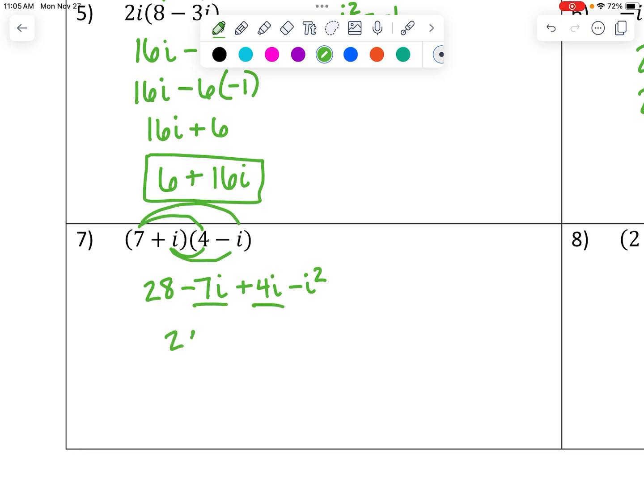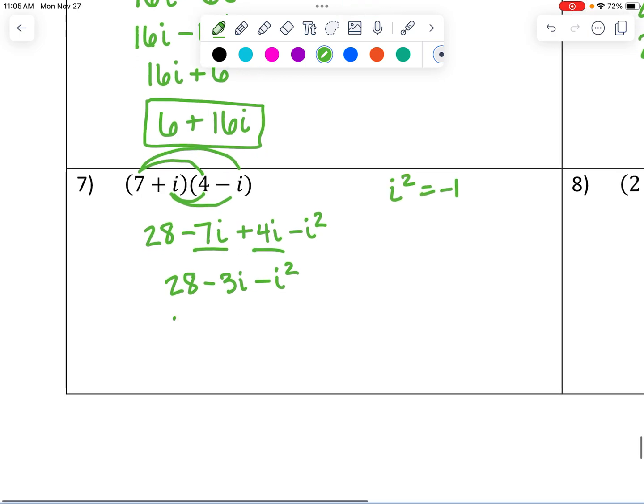Okay. I'm going to combine my like terms. So I have 28 minus 3i, and then I'm going to go ahead and substitute in, because I know that i squared is equal to negative 1. I have 28 minus 3i minus negative 1. Okay. And I'm going to show lots of my steps here so we can follow what's going on.